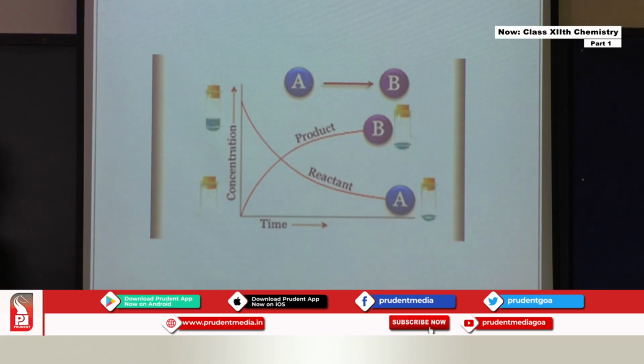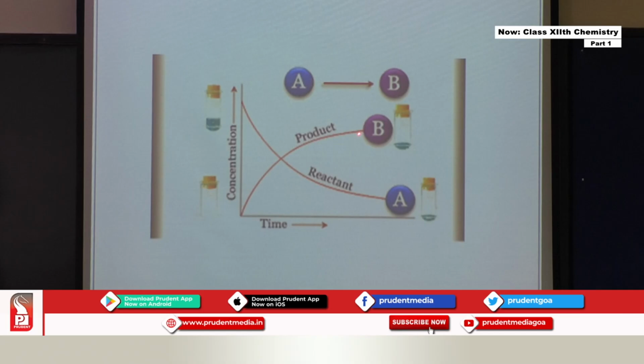If you look at this graph here, it is a graph of concentration versus time, and we see that the concentration of the reactant is maximum at time 0 and it goes on decreasing with increase in time, while the product concentration is 0 at the beginning and it goes on increasing as time increases and reaches a maximum.